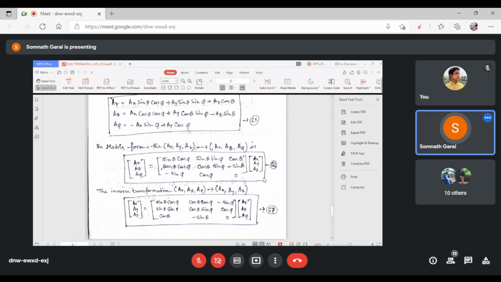In the second row, sin theta sin phi, cos theta sin phi, cos phi, and in the third row, cos theta, minus sin theta, 0, into capital AR, capital A theta and capital A phi. That's the matrix relationship of the Cartesian components with respect to the spherical coordinate system. Okay, got my points? Understood?